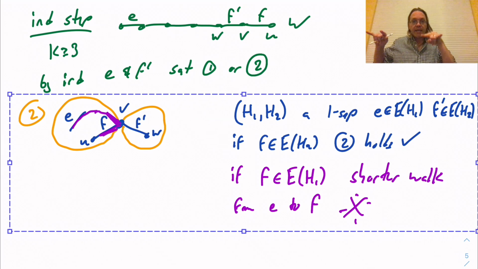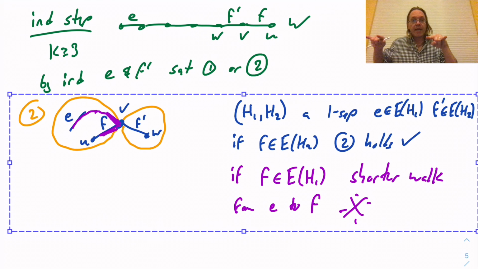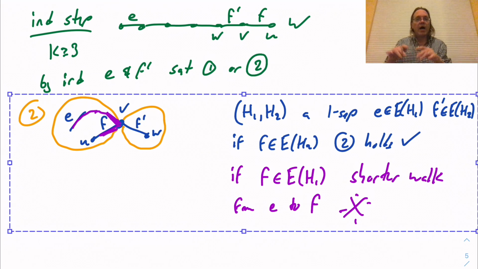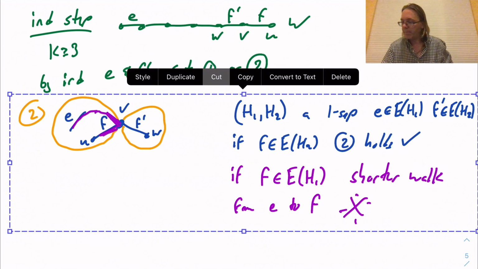So E and F prime are two edges contained in a walk of length K minus 1. That means we can apply induction to E and F prime. Again, there are two cases: either we get a one separation separating E and F prime, or we get a cycle containing E and F prime.